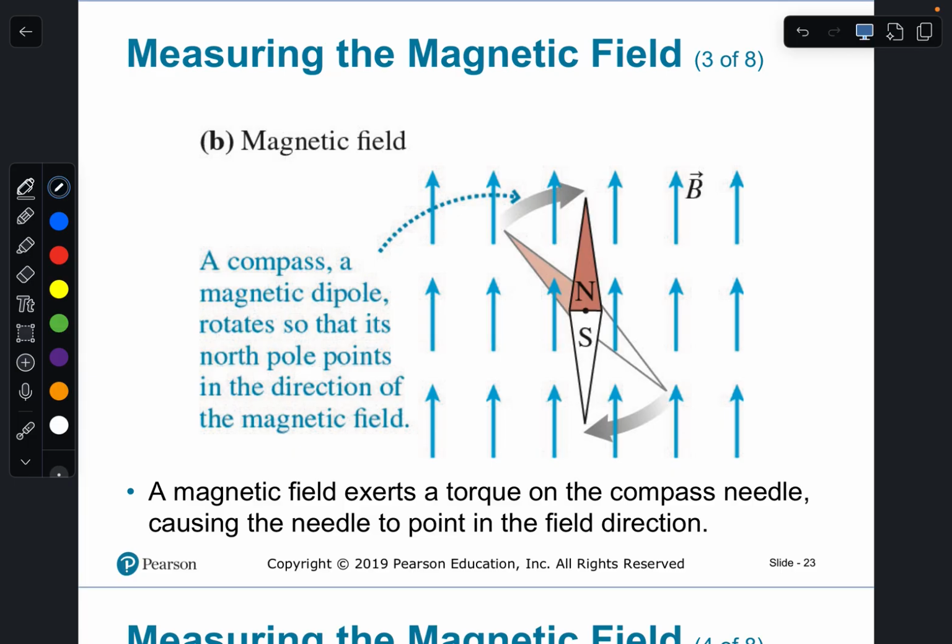So magnetic fields cause forces. Forces can cause torques when something rotates. We're not going to go deep into torques, but when you see torque in this slide, just think of a force applied to cause a rotation, right? There's a force arising that is causing the needle to move.